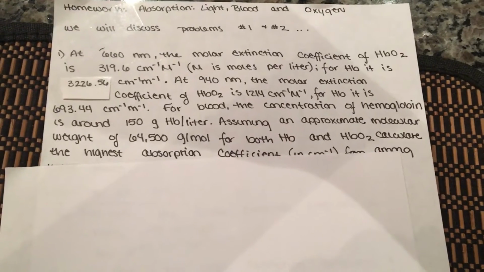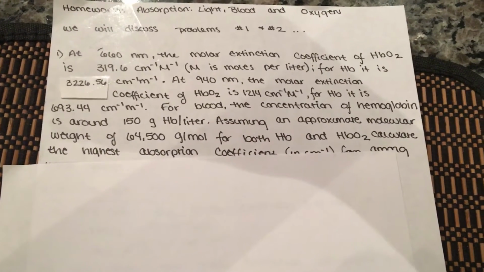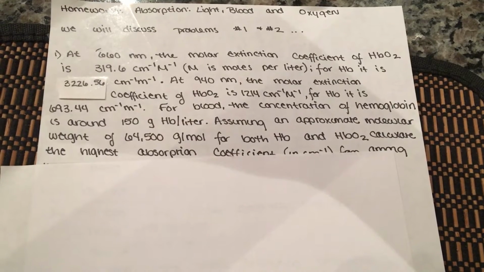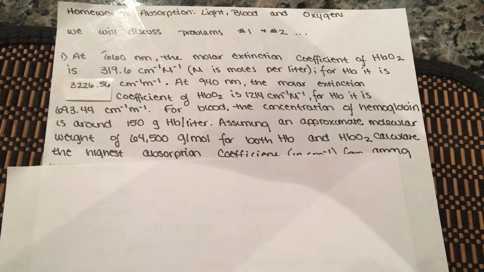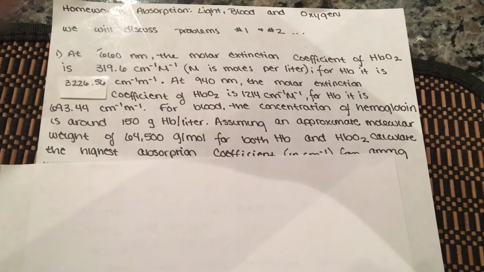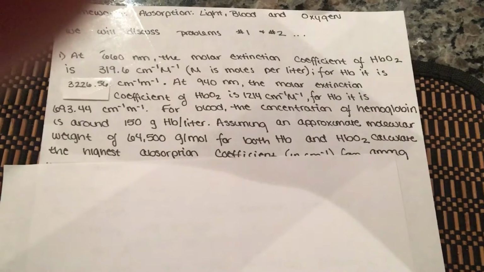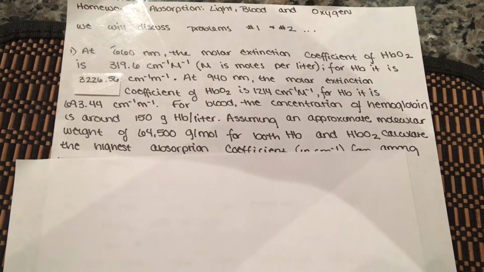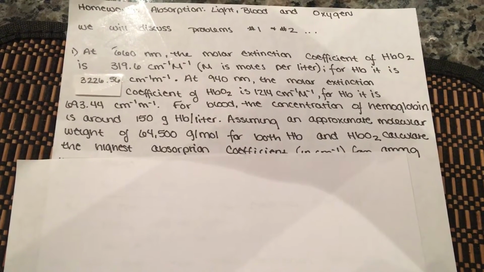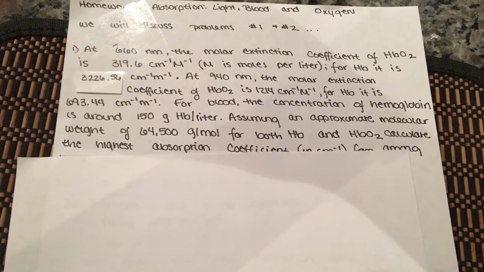Alright, so the first problem reads: at 660 nanometers, the molar extinction coefficient of oxygenated hemoglobin is 319.6 centimeters, where M is moles per liter. For hemoglobin, it is 3,226.56 centimeters. At 940 nanometers, the molar extinction coefficient of oxygenated hemoglobin is 1,214 centimeters.